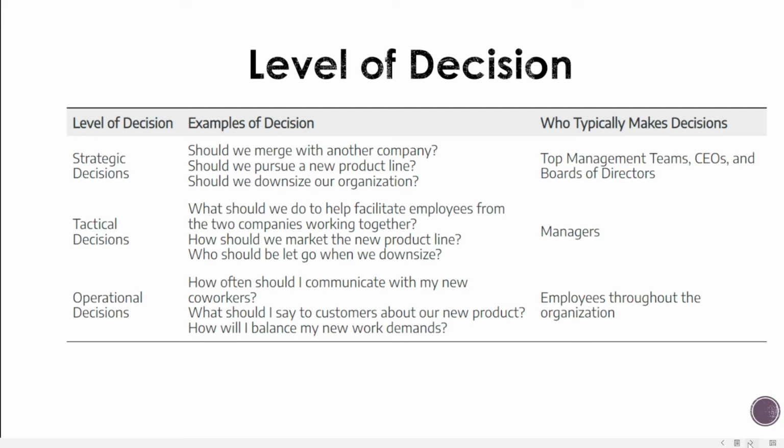So dito naman sa tactical decisions, these are more specific than strategic decisions that are often a follow-up to strategic direction. So this decision supports strategic decisions. Although mayroon silang significant impact, but it is generally within a particular department or unit or group. Tapos ang duration nito are medium-term decisions.